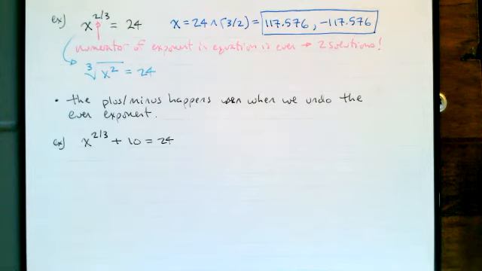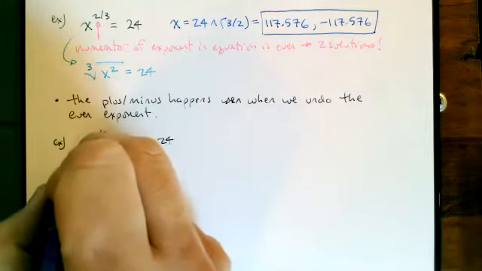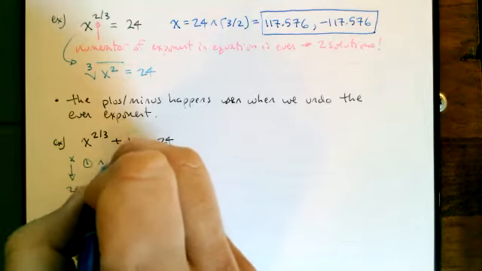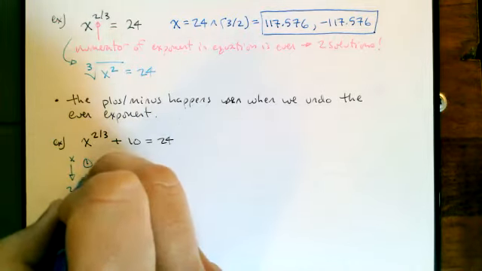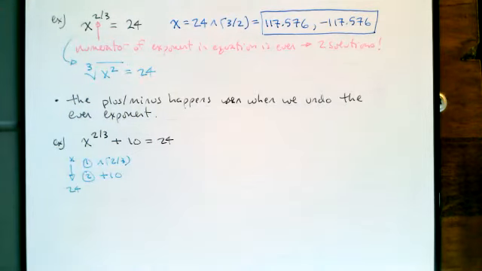If we read what happens in this equation first, to turn x into a 24, the first thing that happens is we raise to the 2/3 power. And the second thing that happens is we add 10. So here we are reading the expression.